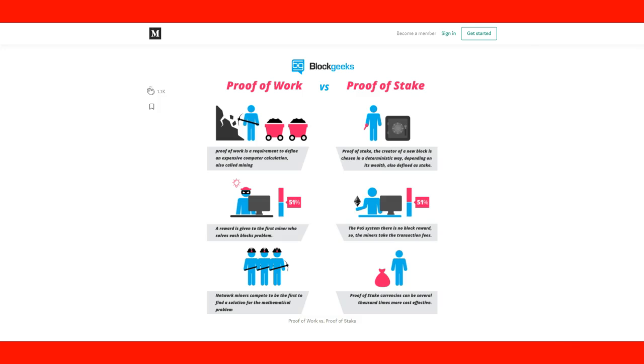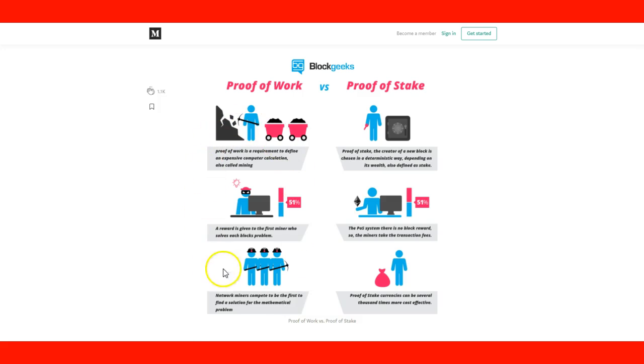And here's a basic diagram explaining the difference between proof of work and proof of stake. Proof of work is a requirement to define an expensive computer calculation, also called mining. A reward is given to the first miner who solves each block's problem. Network miners compete to be the first to find a solution for the mathematical problem.